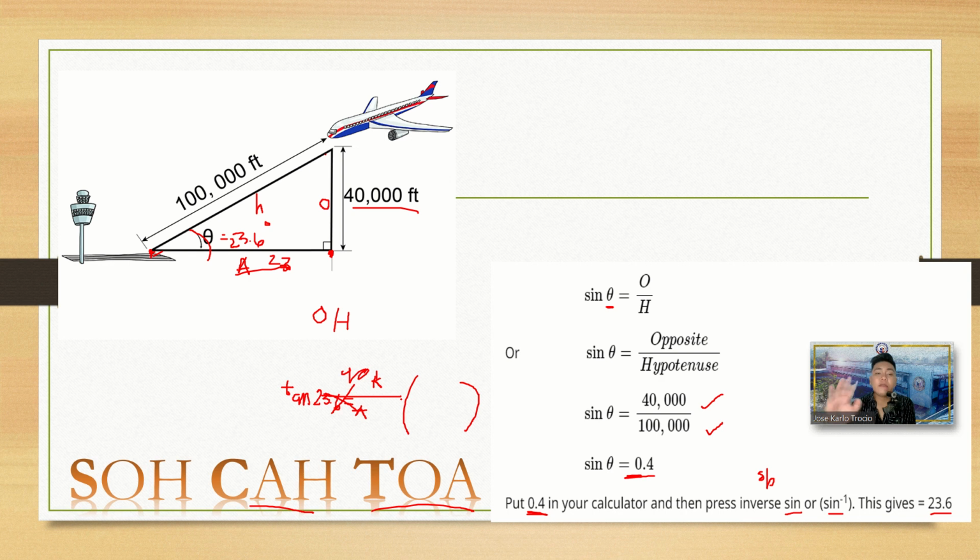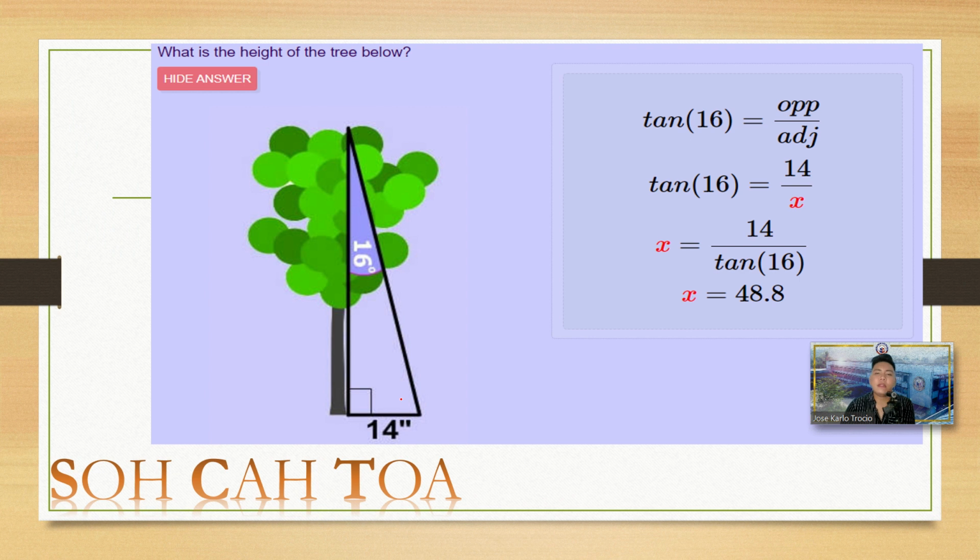Okay, we are going to have an example about this on the next slide. This is an example of how you can find the value of this adjacent, diba? Let us try to identify. This is the angle, or what we call the theta, right? We have also the opposite.